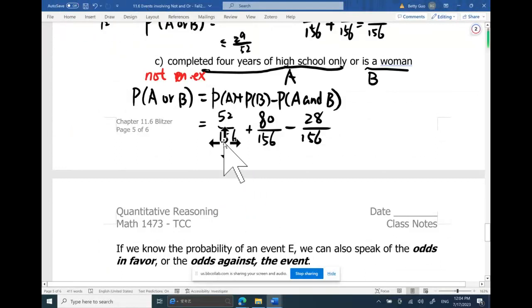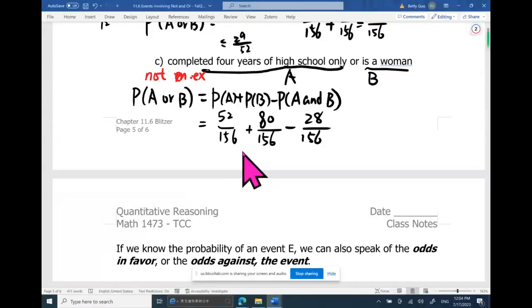So that is the second topic of this section. Let me summarize quickly. To find the probability of A or B, first thing you need to do is to determine, are A and B mutually exclusive or not? If they are mutually exclusive, then P of A or B equals the sum of the probabilities of the two events.